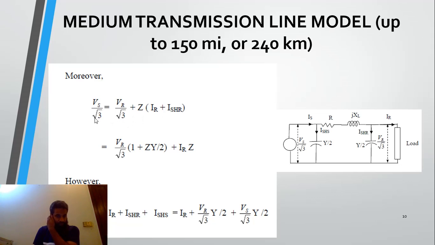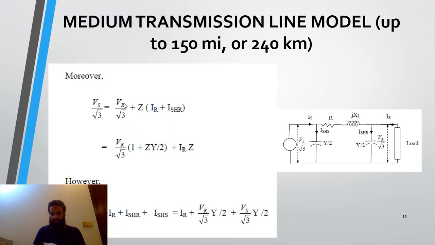So now we want to develop the equation for the sending end voltage. So the sending end voltage is from this figure. You see that the voltage across the receiving end, plus the voltage drop across R plus jXL, is the sending end voltage.